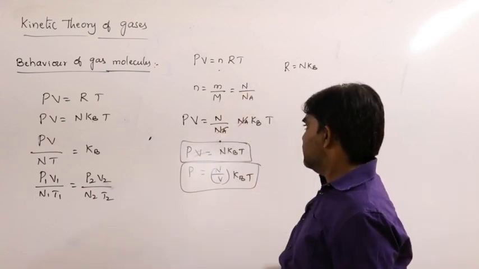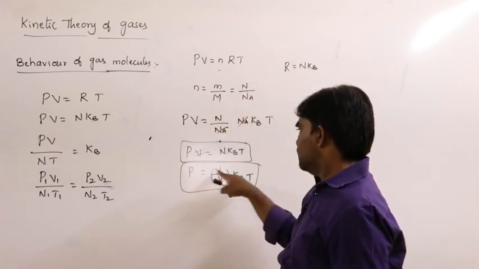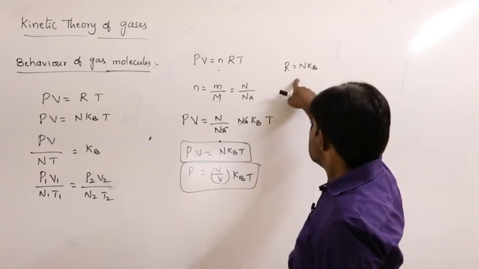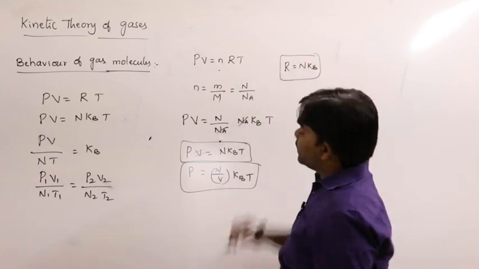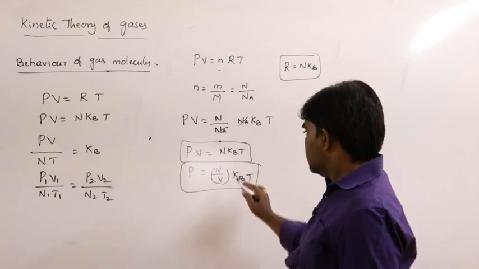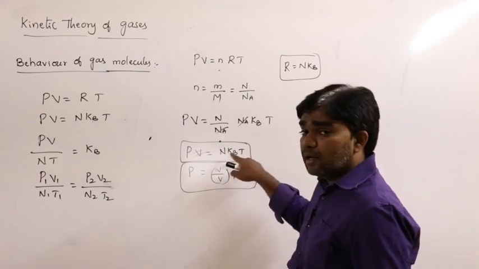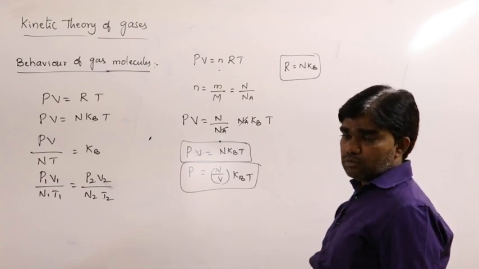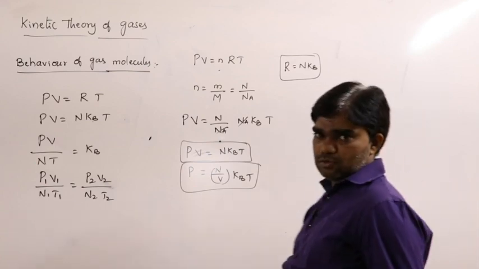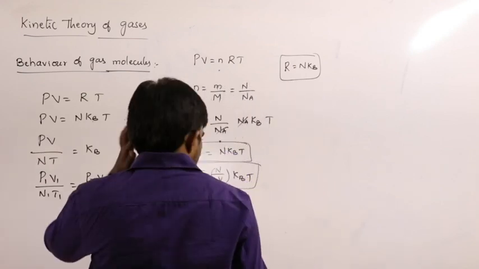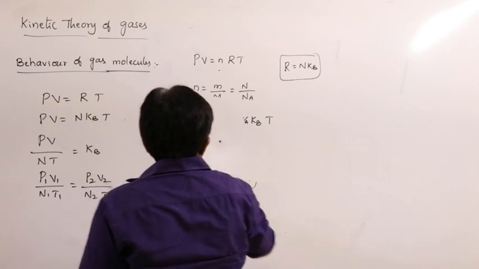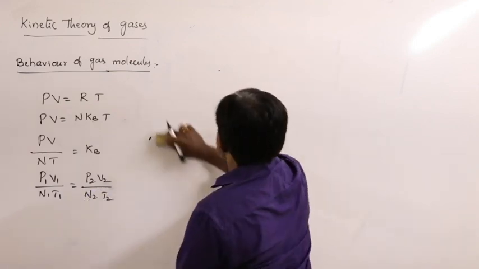So PV is equal to N K_B T. Here, N is the number of molecules per unit volume. So this is another form of the ideal gas equation.